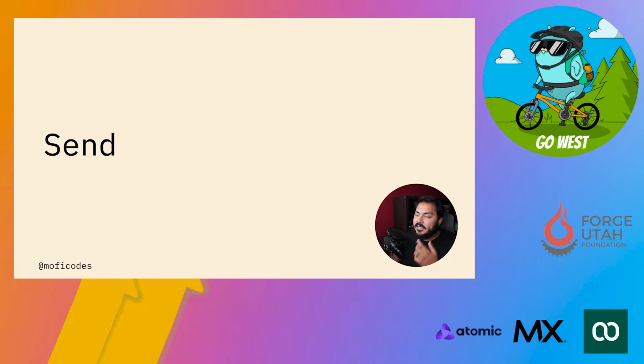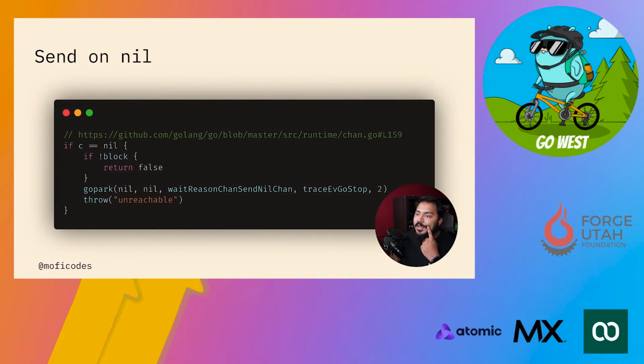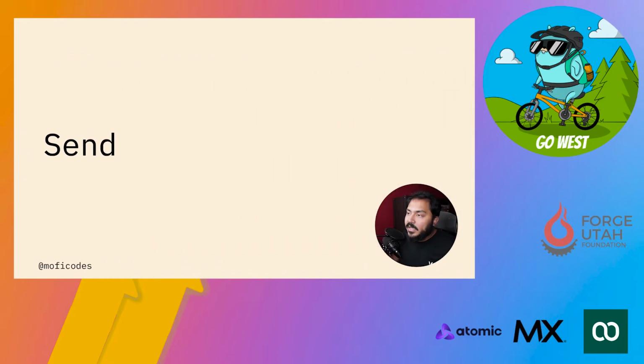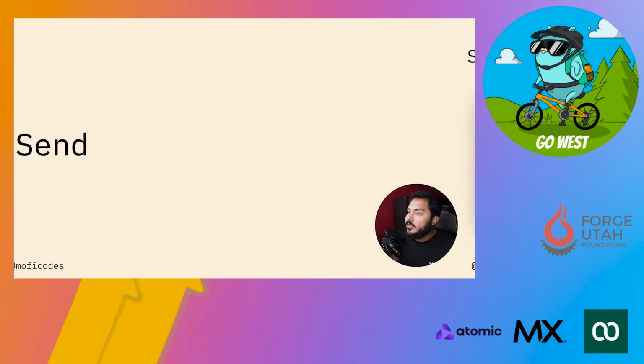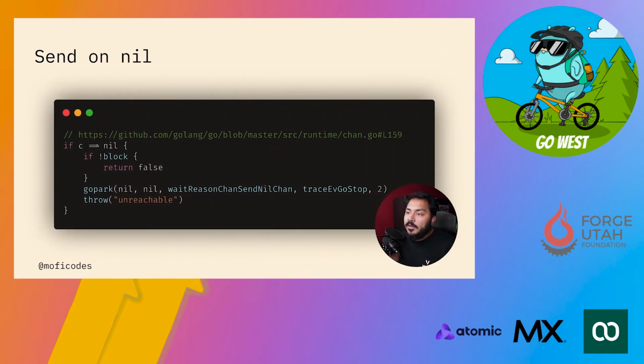So let's say we're trying to send on a nil channel. What happens? We said that send on a nil channel will always block. Actually, anything on a nil channel other than close, receive or send, both will block. So how does that work out? This is Go source code, by the way, and this is the link to that line of code.